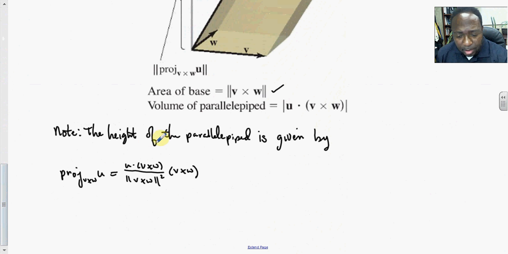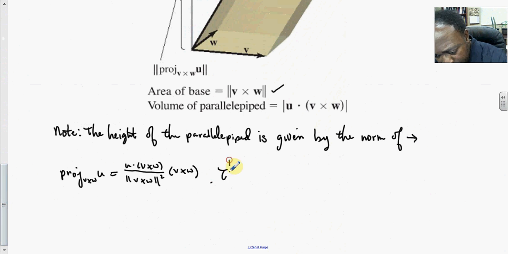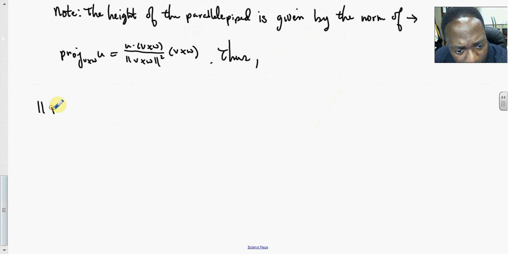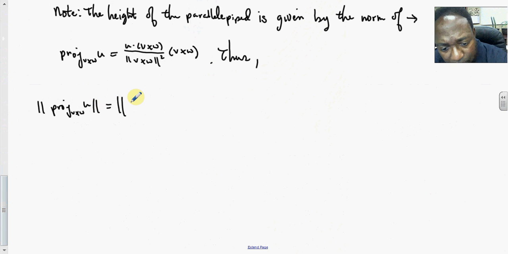So the height here of the parallelepiped is given by the norm of the projection of u onto v cross w, which is the norm of this statement here.